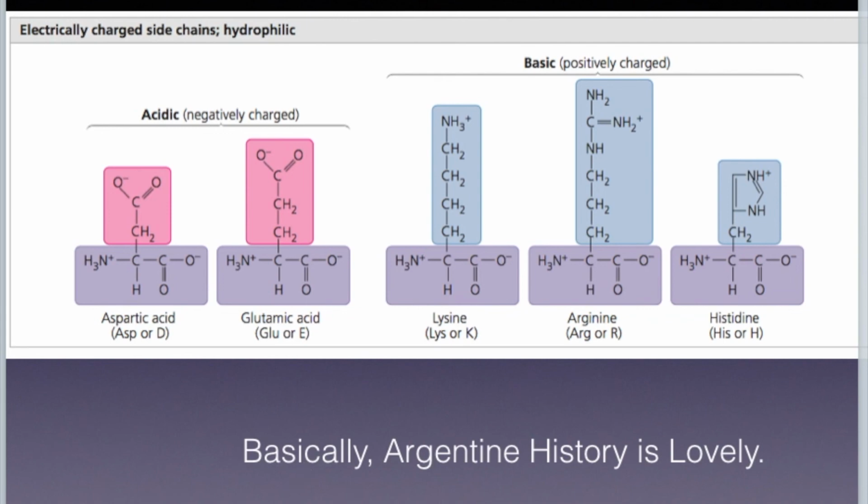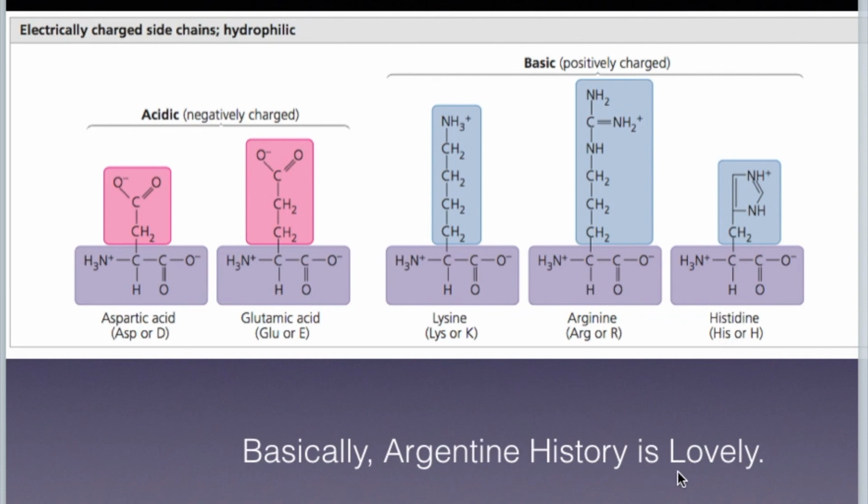So these 3 are basic, and Argentine corresponds to arginine. They are very similar in word structure. History has HIS as a starter, corresponding to histidine, and actually it is abbreviated into HIS when we are trying to make shortcuts.